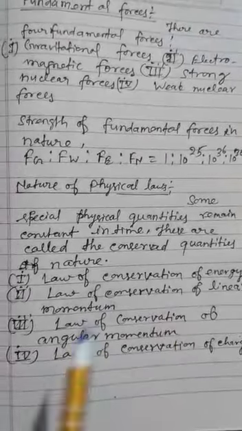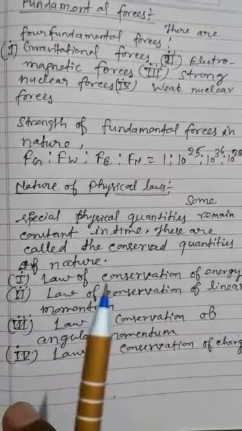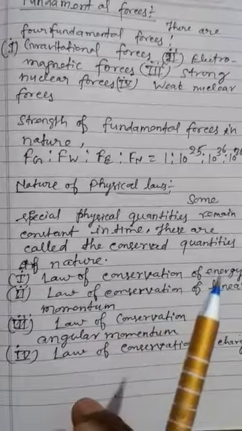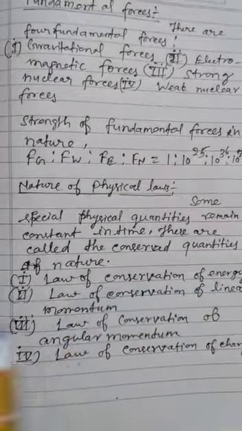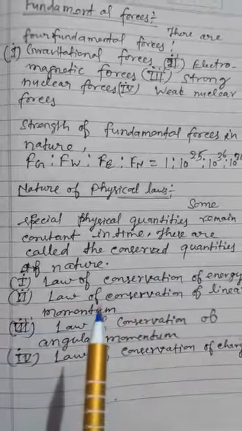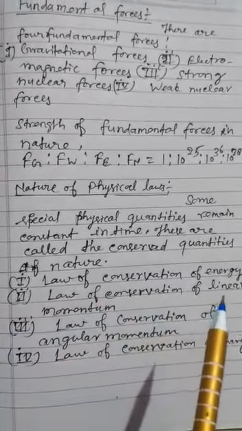And you have known in the previous class about the law of conservation of energy. Energy can neither be created nor destroyed, but it transfers from one form to another form. And second is law of conservation of linear momentum.